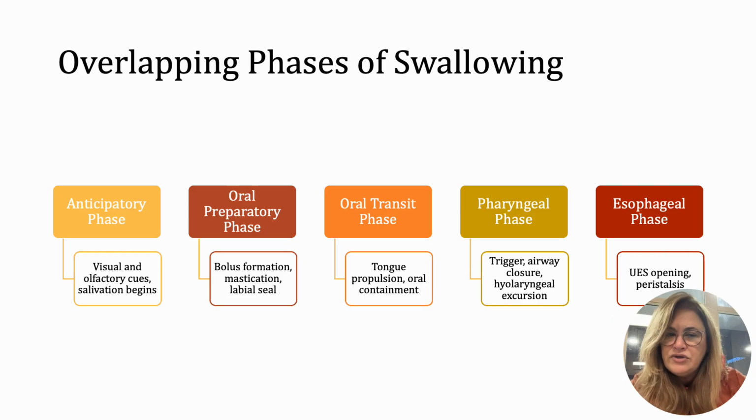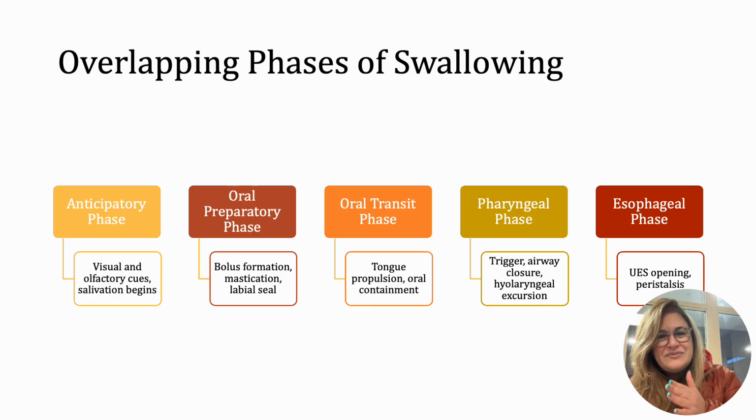It's really hard to separate one from the other, but we do know that once the bolus is completely ready, with a head and a tail, we're just preparing to receive the next one, and the trigger of the transit of the bolus is the initiation of the pharyngeal phase. So that's when the oral phase is almost ending and the pharyngeal phase is starting.